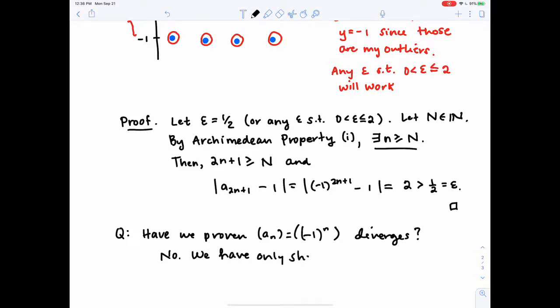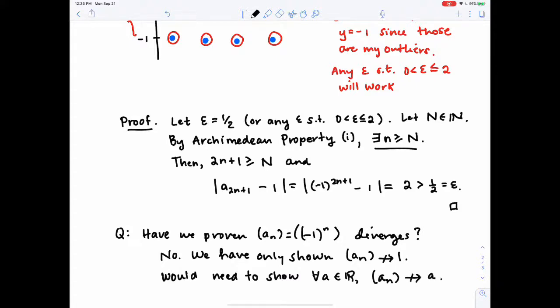We would need to show that it doesn't converge to L for any choice of our limit, or A. We would need to show for all A in R, a_n does not converge to A. So that's it for divergence.